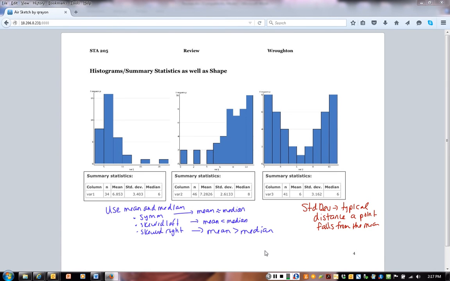If 75% is my mean, and 5% was our standard deviation, we would know if we went out 2 standard deviations, so we're going to get 65% to 85%, that at least 75% of the students scored between a 65 and an 85.